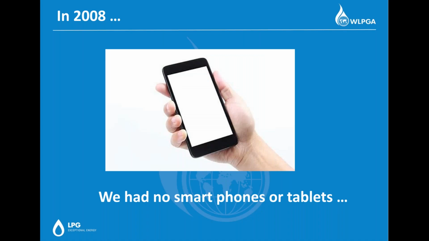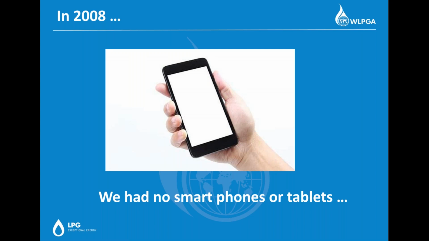So just moving now into the IoT space, it was interesting to reflect the other week in our Houston event, the World LPG Forum, that it was just 10 years ago. I think smartphones were actually invented in 2007, but it was only the rich and famous that could get their hands on one.